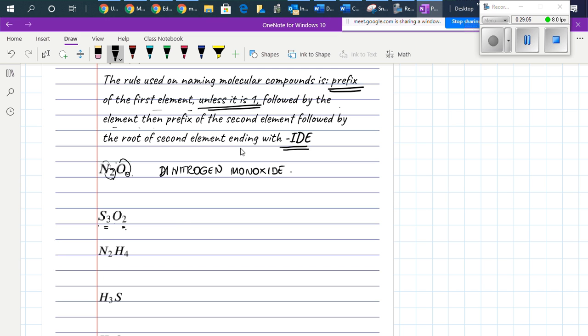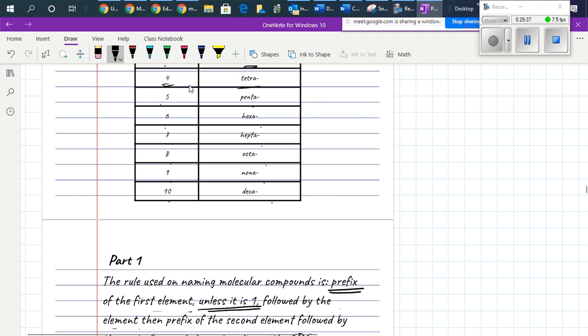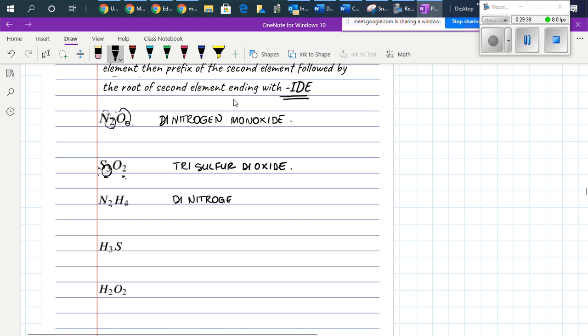So we'll go 1 for sulfur and di for oxygen: sulfur dioxide. Then 2 nitrogen, 4 hydrogen. So dinitrogen, and 4, we said, is tetra. Okay, tetra.